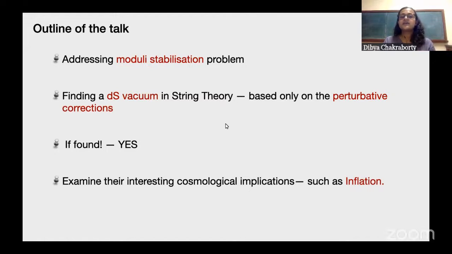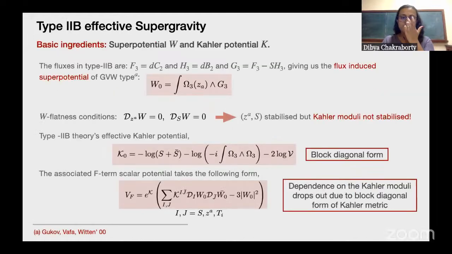And I will see if I can get de Sitter vacuum in string theory, because if you want to study reheating, then de Sitter vacuum becomes important. And I will add perturbative corrections, which I'm going to slowly. And if we can find this de Sitter vacuum, then I would like to study what the inflationary implications are.